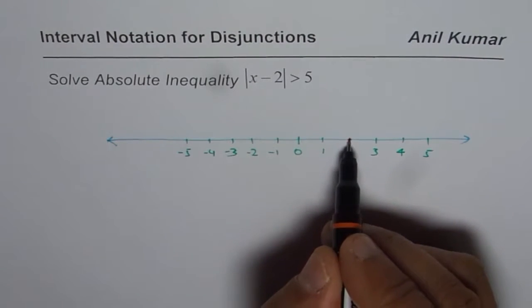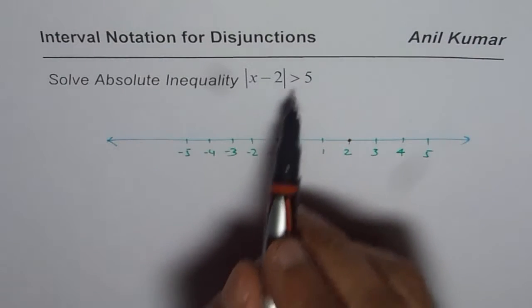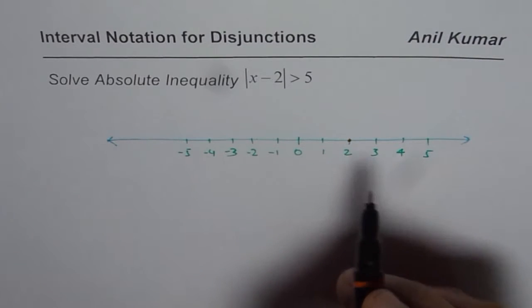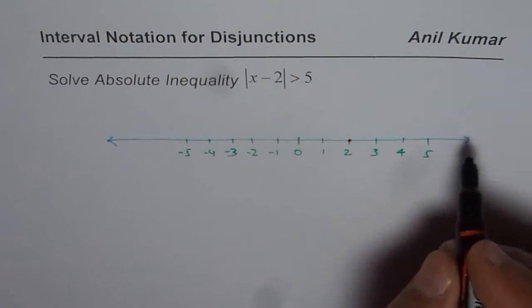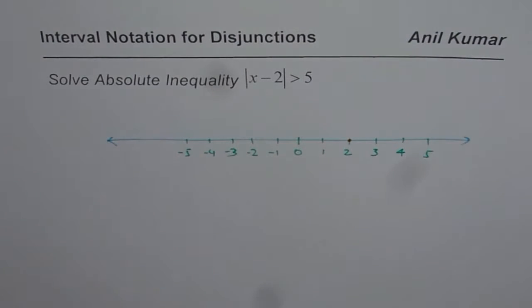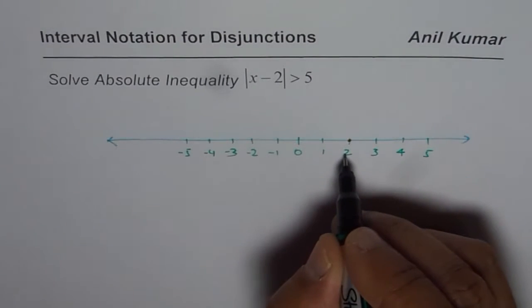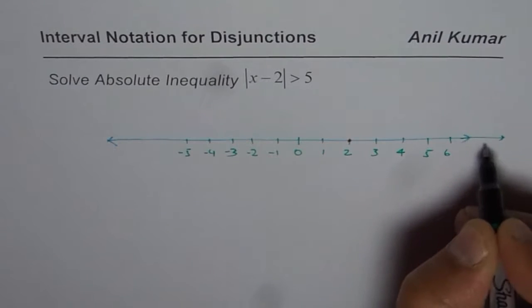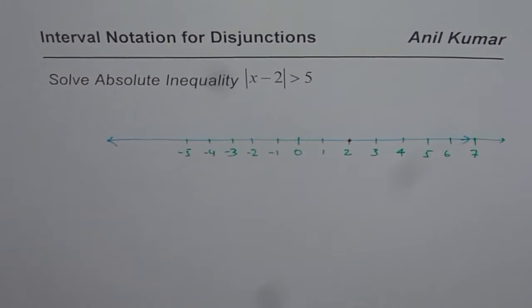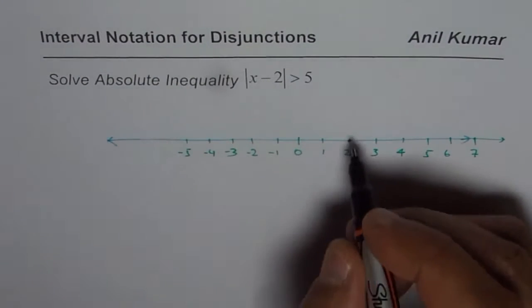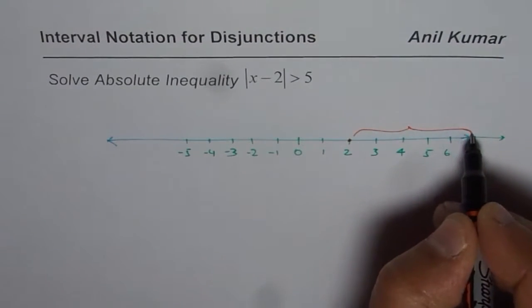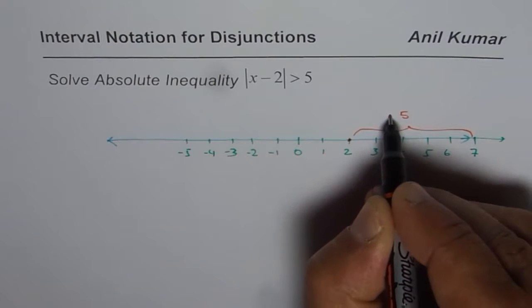So from this point you should be 5 units further away. So 5 units to the right will take you to 7, since 5 plus 2 is 7. So let me extend this, 6 and 7. So that means this is 5 units.